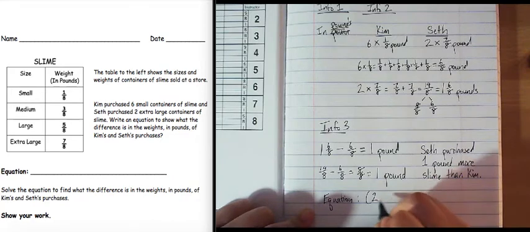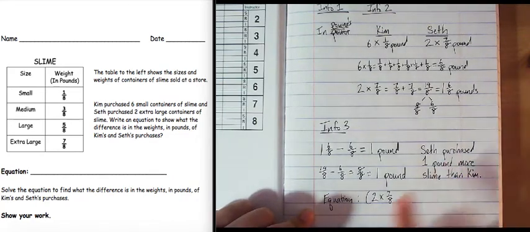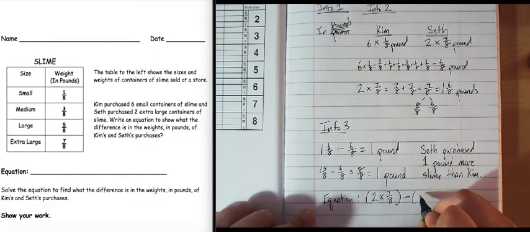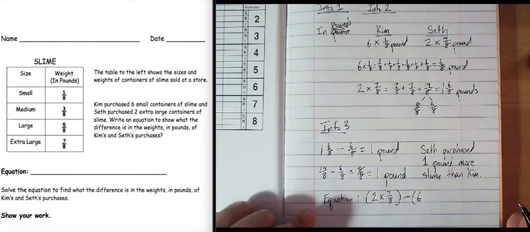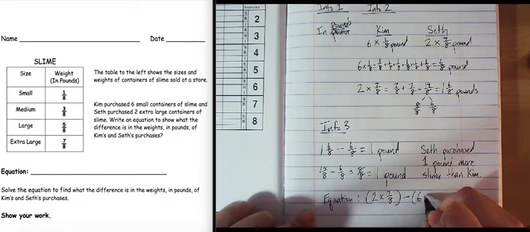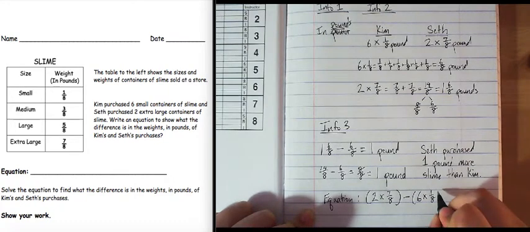First, we started with 2 times 7/8, which is the 2 extra large containers of slime Seth bought, which each had 7/8 of a pound of slime, minus Kim's purchase, which is 6 small containers of slime, which each have 1/8 of a pound of slime in them.